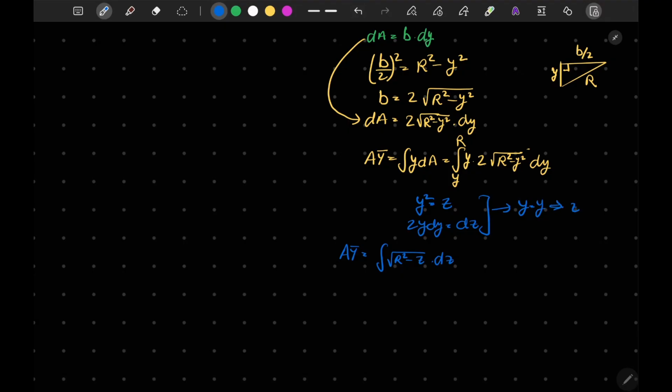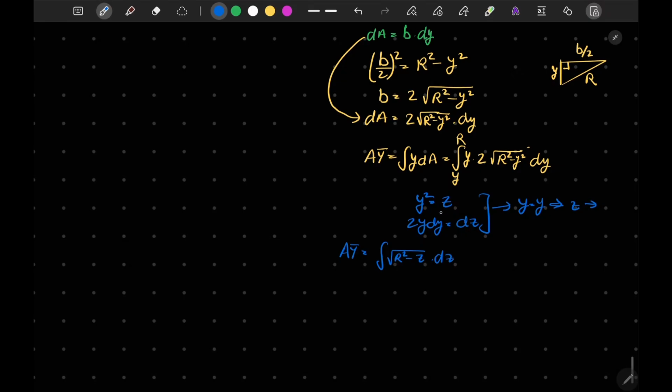Now if we talk about limits, at y is equal to y, z is equal to y². And at y is equal to r, R² minus y² is equal to z.